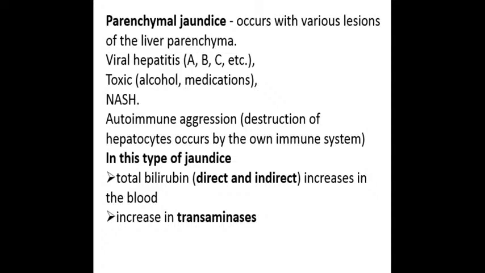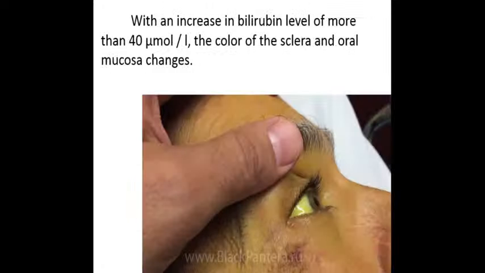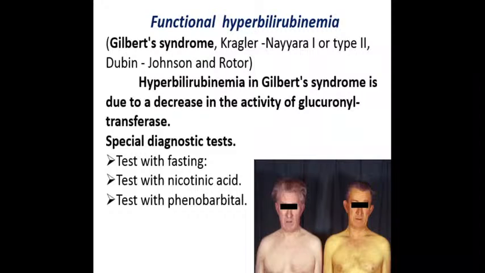In this type of jaundice, total bilirubin increases, with increase in direct and indirect fractions in the blood, and transaminases always increase. With an increase in bilirubin level of more than 40 micromole per liter, the color of the sclera and oral mucosa changes.